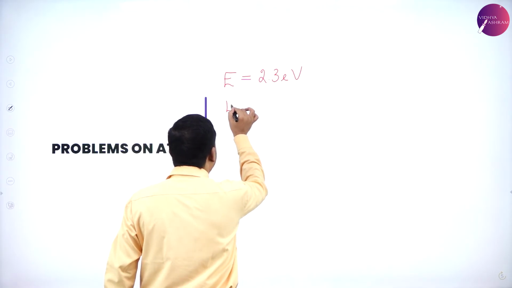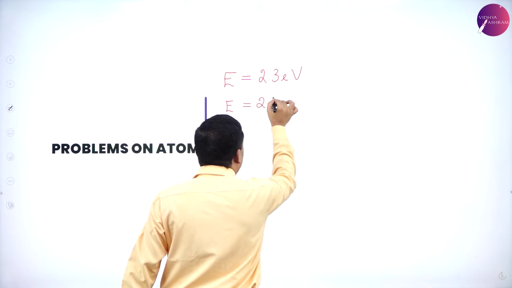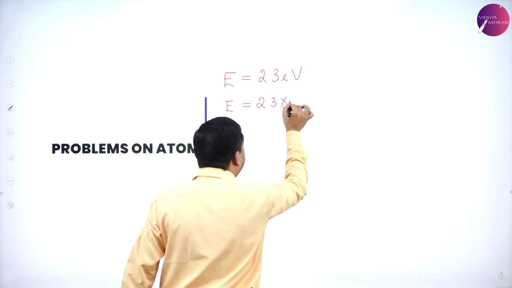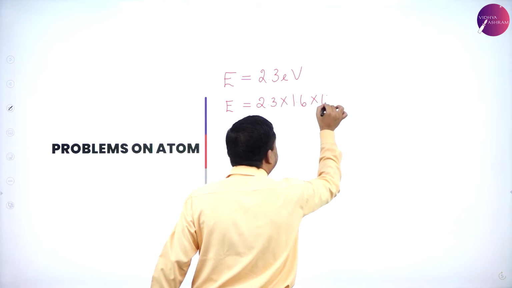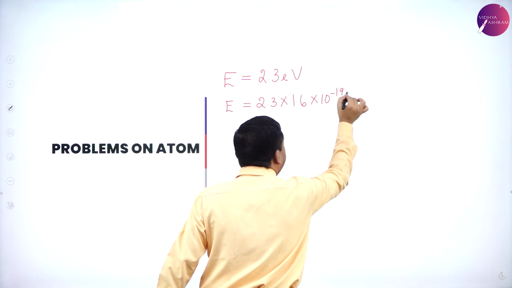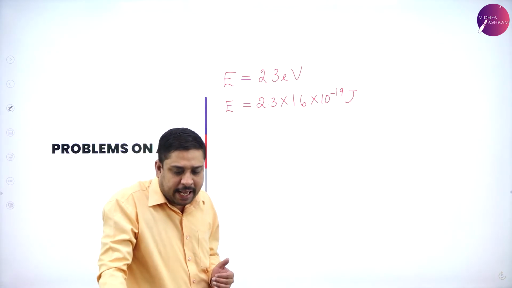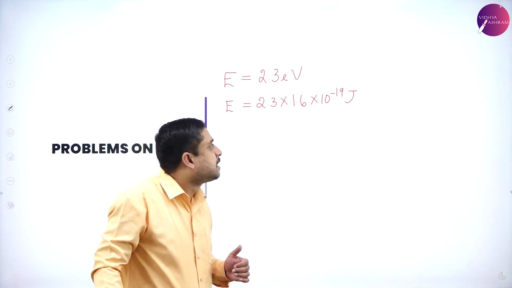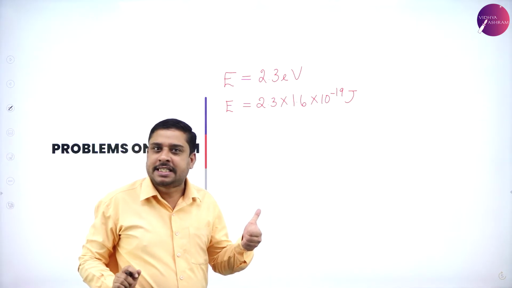So I get E equals 2.3 into 1.6 into 10 power minus 19 joule. I am multiplying by the charge of the electron. Now energy is known.